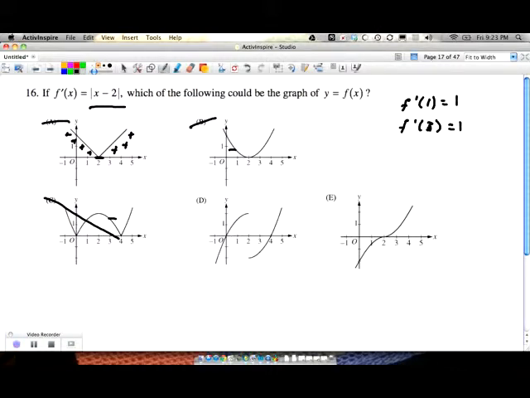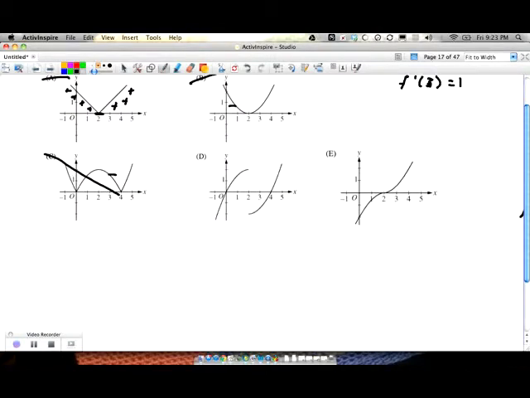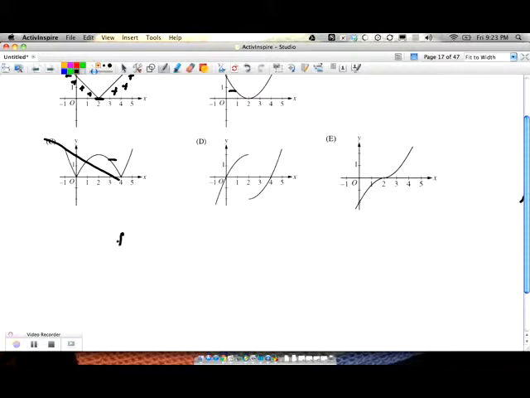If I were to look at this function before 2 and after 2, that's saying that f prime of x is equal to x minus 2 when x is greater than or equal to 2, and it's equal to negative x minus 2 when x is less than 2. That's what absolute value really is. It's just a piecewise function.